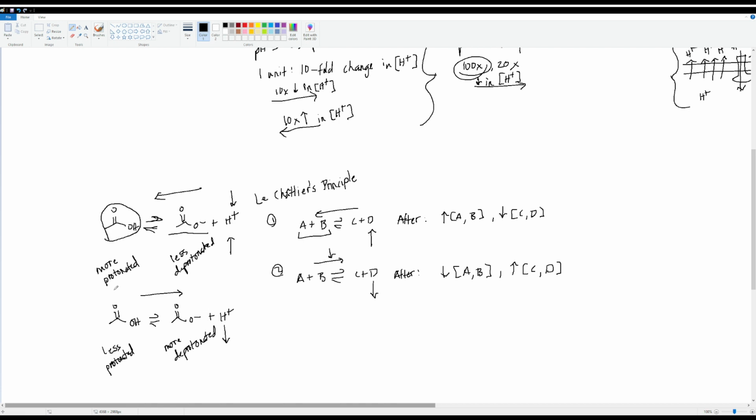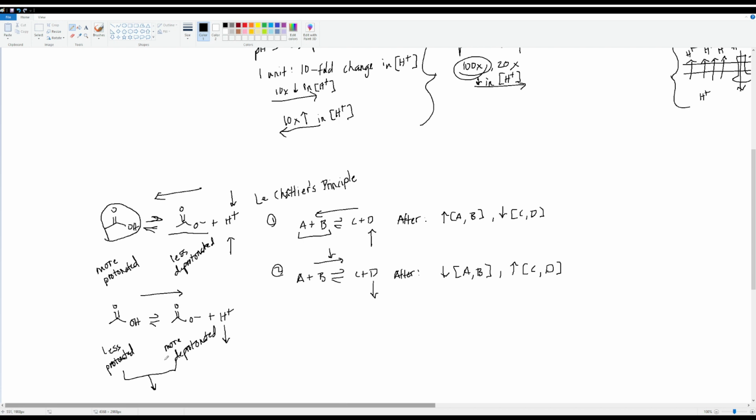Now, I do want to clarify that "more protonated and less deprotonated" and "less protonated and more deprotonated" is in reference to itself. So it's the initial equilibrium and then the equilibrium state after, of just this functional group in its specific protonation state. We now want to go from here to figuring out which one is the dominant species.